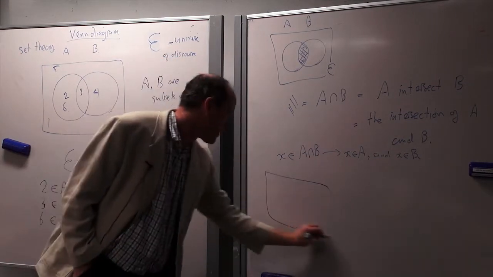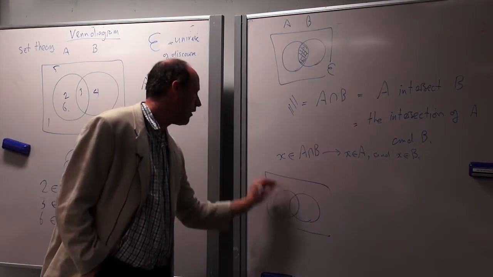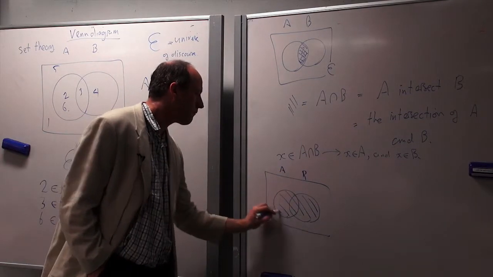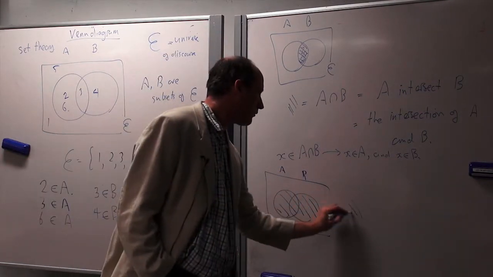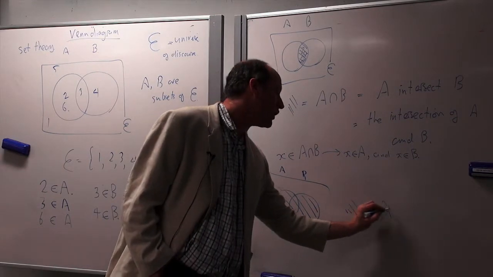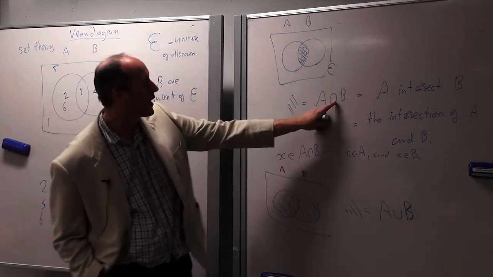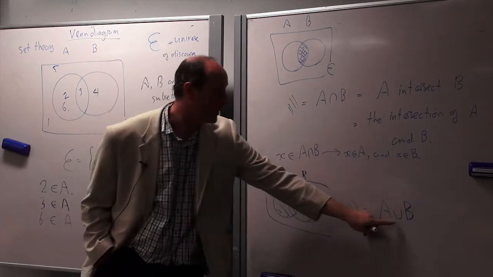And of course, there's another thing I can do as well. There's A, there's B. This shaded region here equals A union B. See, that looks like an N for intersection, and that looks like a U for union.